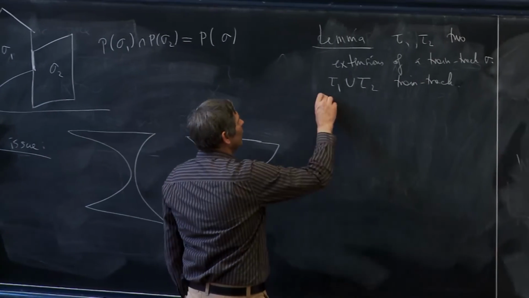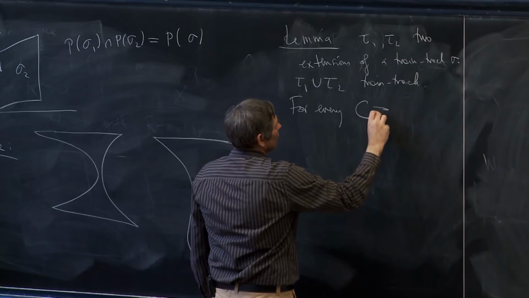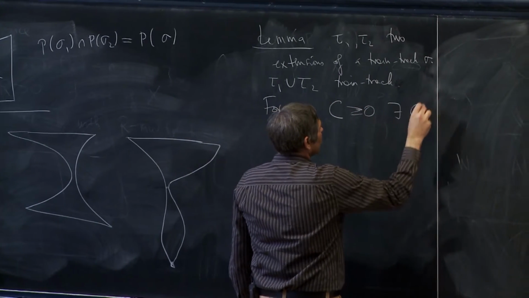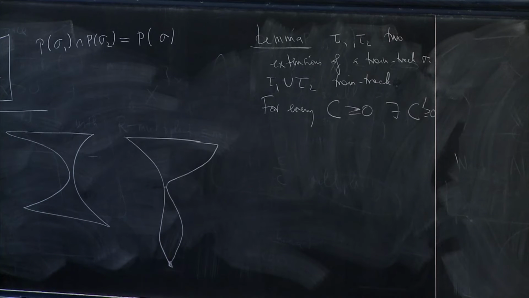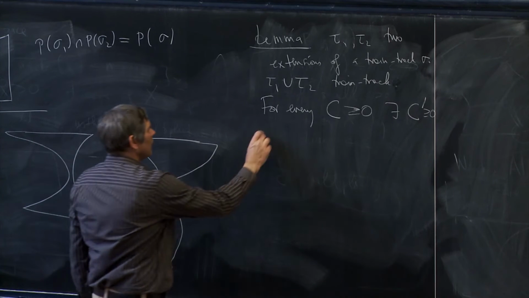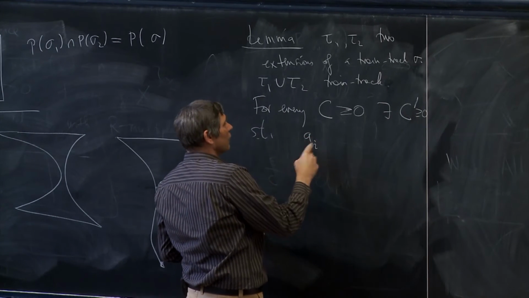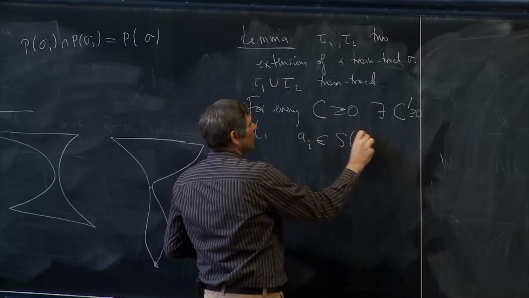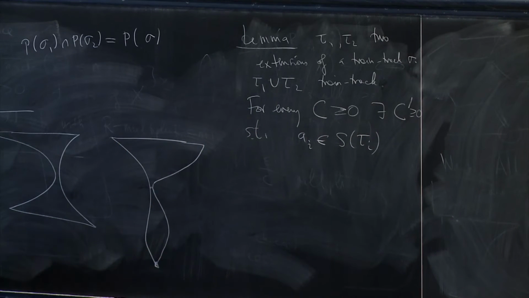Okay, then for every c greater than or equal to 0, there exists a c prime greater than or equal to 0 so that if a_i is a curve carried by tau i. Okay, so you have a curve a1 carried by tau 1, and you have another curve a2 carried by tau 2. And you assume that they are close by.